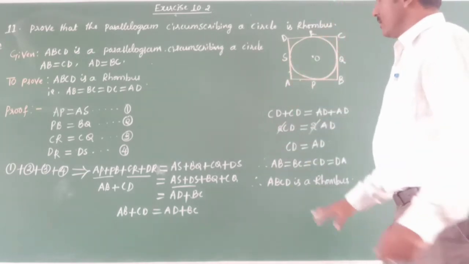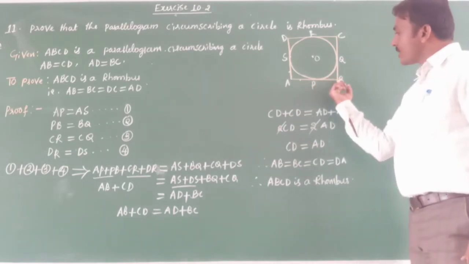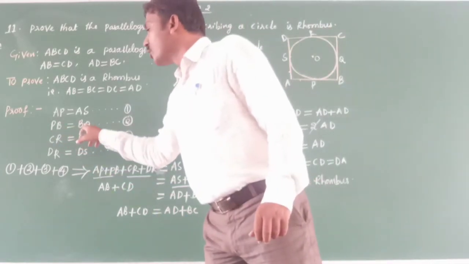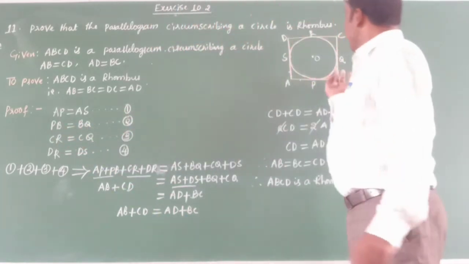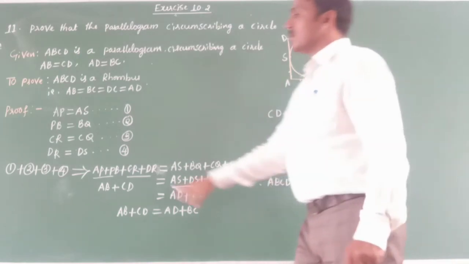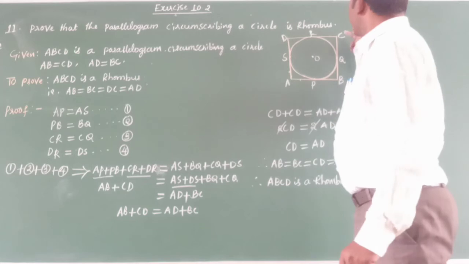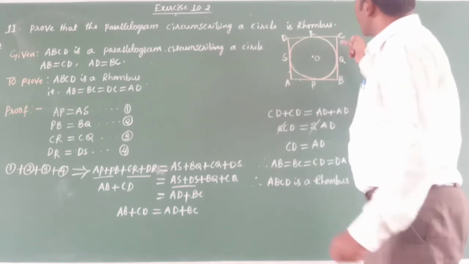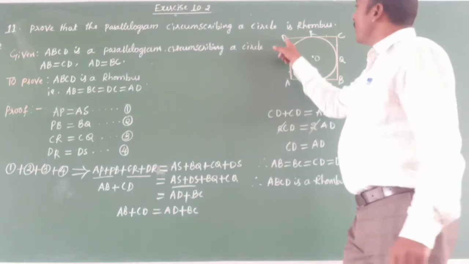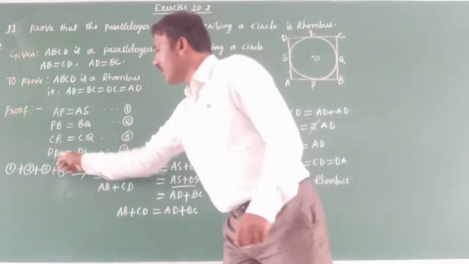Call this equation number 1. Similarly, B is the external point, BP and BQ are tangents to the circle, so BP is equal to BQ. Tangents from the same external point will be equal. Similarly, CR is equal to CQ, because these two are tangents from C. Similarly, DR is equal to DS.